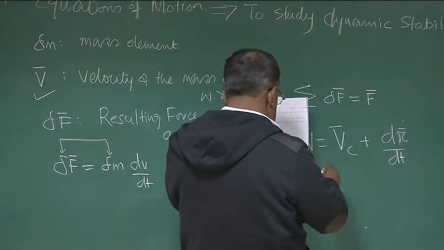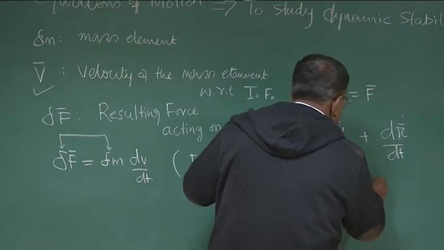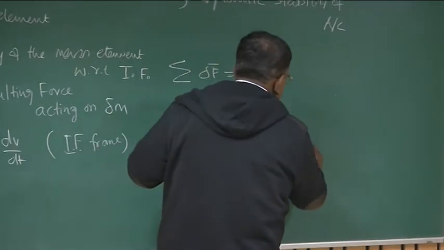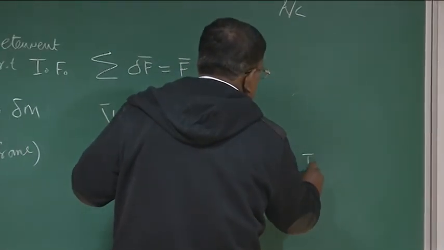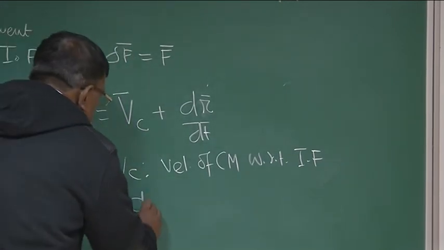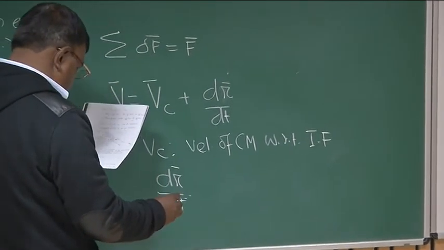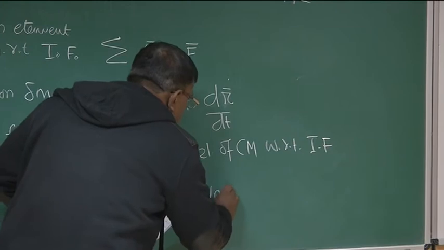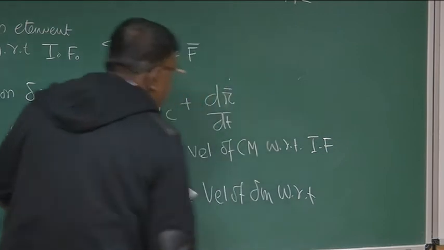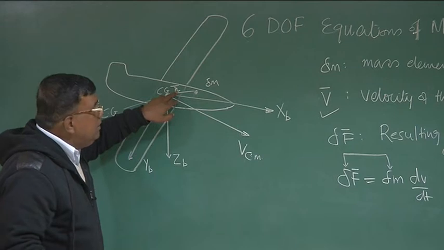Then, of course, Vc is the velocity of the center of mass with respect to the inertial frame. I will keep on writing so that it goes into your mind. And dr by dt is the velocity of the elemental mass, the velocity of dm with respect to what? dr by dt, r is measured. What is r? Let us understand.